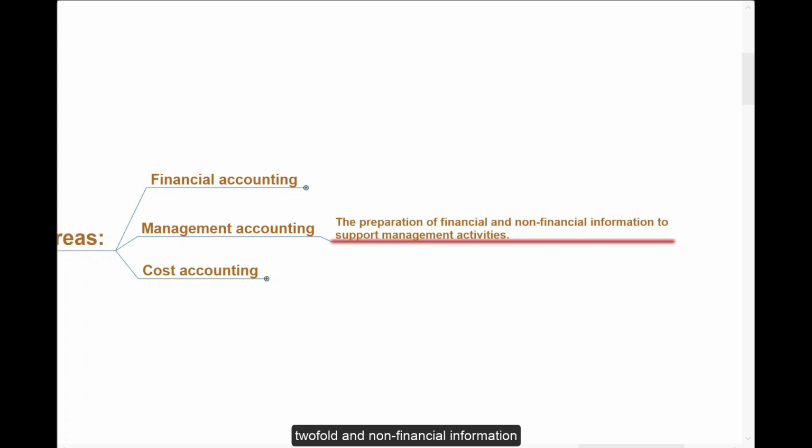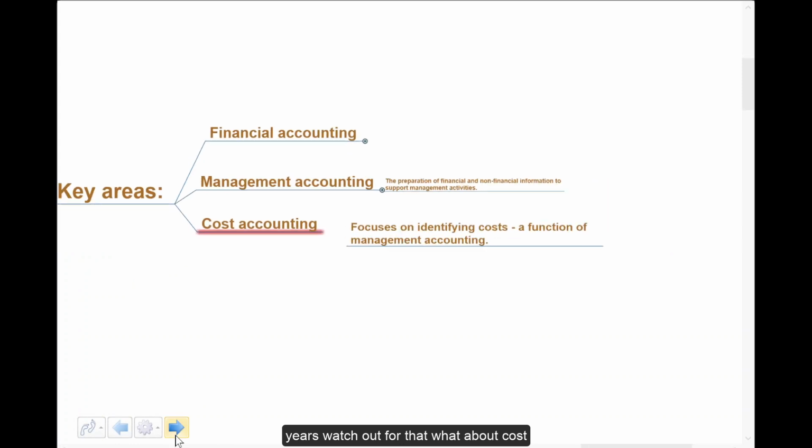And non-financial information, for example, something like quality, something like the customer perspective, areas outside of the number crunching, has become more and more relevant in recent years. Watch out for that.